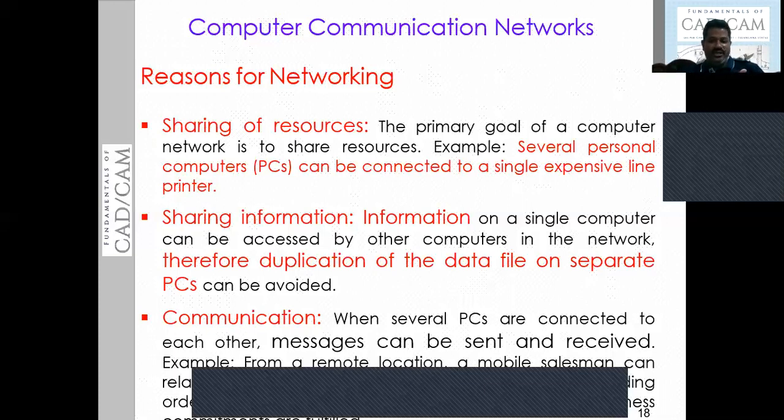The remote user or computer is accessing the database somewhere else. Not only is he using it, he is communicating with the central database. For example, a mobile salesman at a remote location can update data located somewhere else. That database can be far away from him.